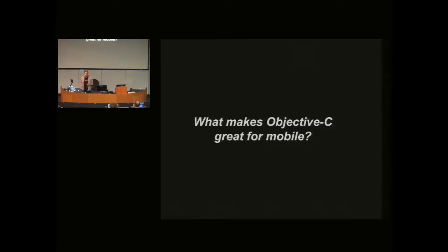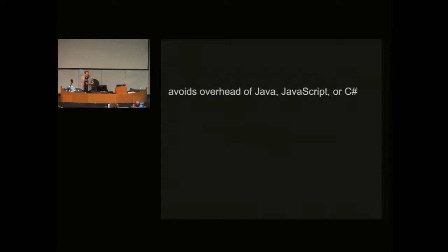So why would you want to build your mobile app in Objective-C? Well, you don't have to deal with the overhead of building an app in Java or JavaScript or C#. When you build an app in one of these languages, your app is going to slow down every time it needs to collect memory, because these languages are using a garbage collection algorithm to reclaim unused resources. That's one reason.